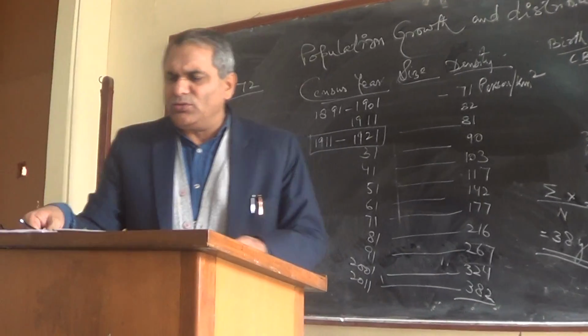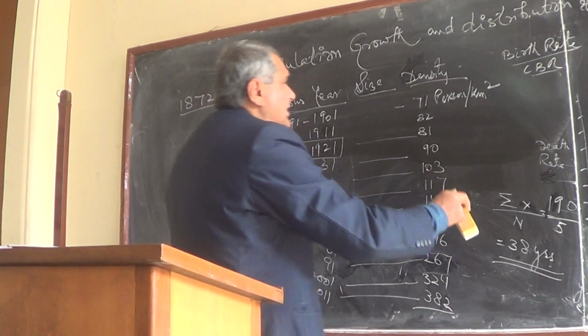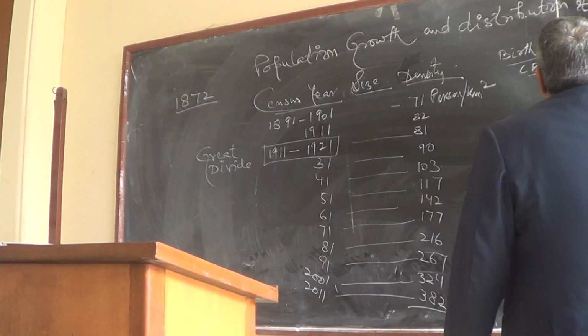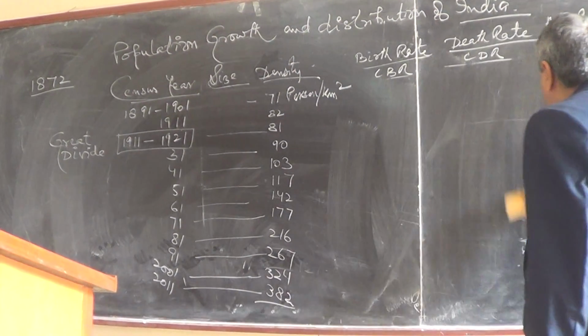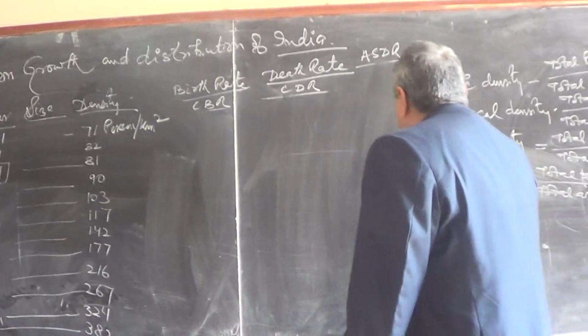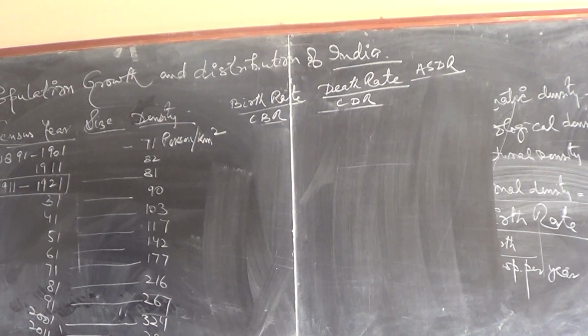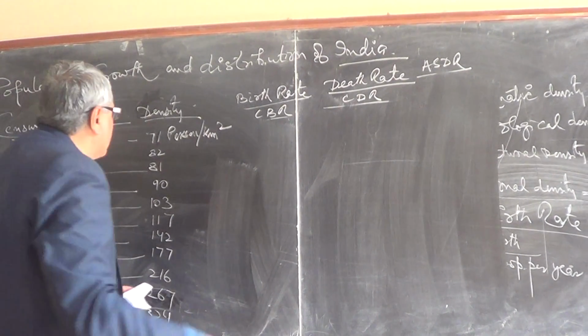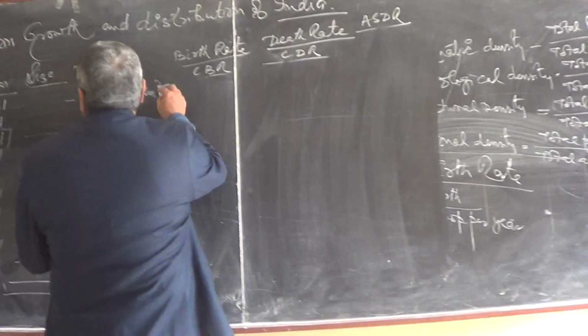So here I wanted to share some of the crude birth rate and crude death rate of India. If you see, it is necessary to write, and with the help of this you can construct a graph of the demographic transition of India.